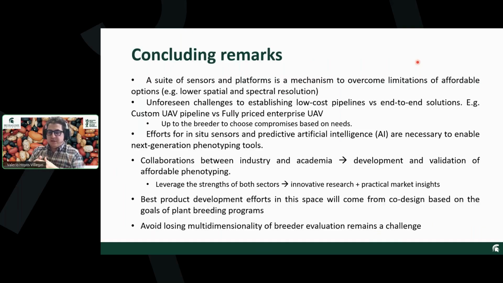So eventually we'll need to understand and determine what is the practical cost, or the unintended cost, of incorporating too many phenomics approaches, if that is the case.